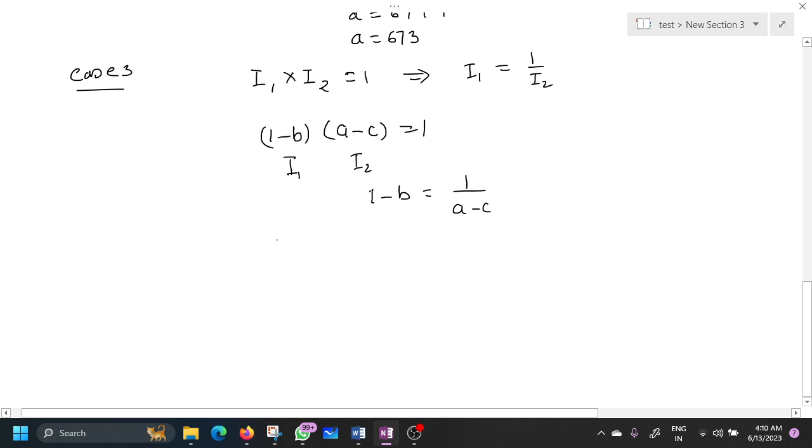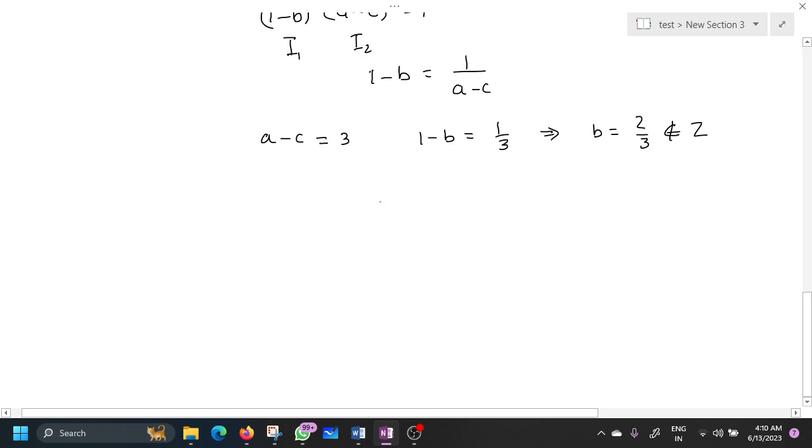Okay, so let us take a minus c as one integer, which is 3, any number of your choice, 3. Then 1 minus b will be 1 by 3, and this will give you b is equal to 2 by 3, which does not belong to integer. Now this will happen every time you take the reciprocal of an integer.